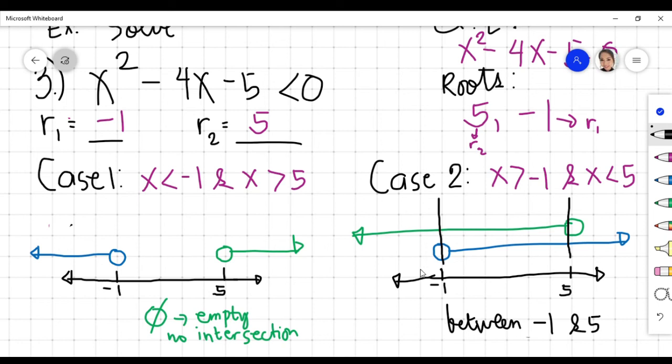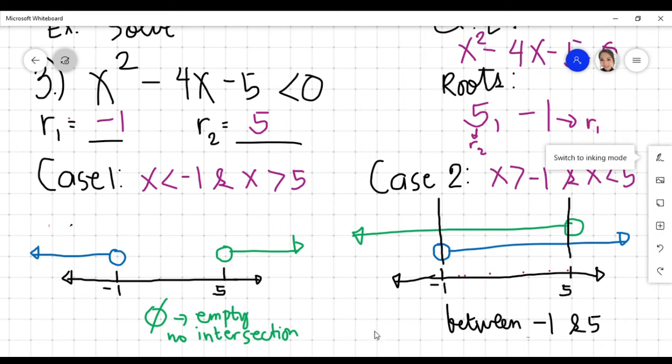Why between? Because negative 1 is not included and 5 also is not included because they both have unshaded circles. So it's between. So only the numbers between negative 1 and positive 5 would be the solution set of this inequality.